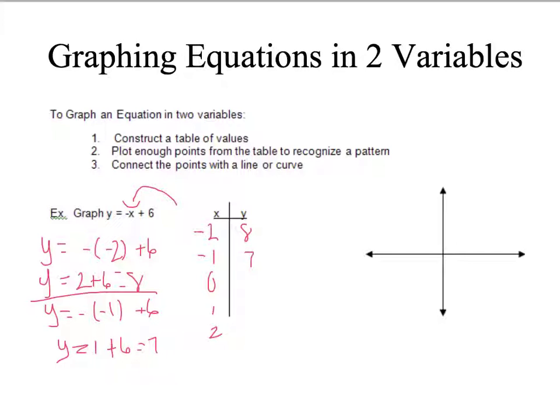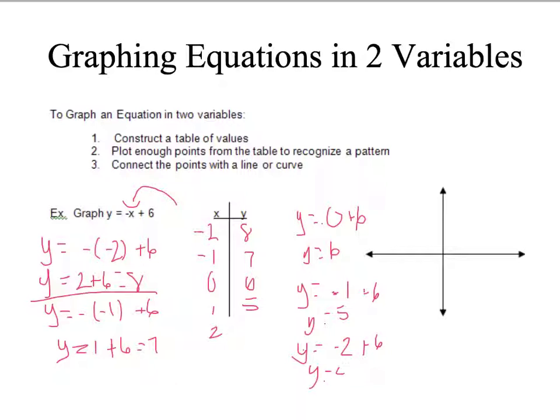And then I can plug in the other values. So y equals negative 0 plus 6, which would be 6. And then y equals negative positive 1 plus 6. So y equals 5. By this point, I'm hoping you're guessing that the next value is going to be 4. Negative positive 2 plus 6. Yes, y equals 4. There was a pattern to that.